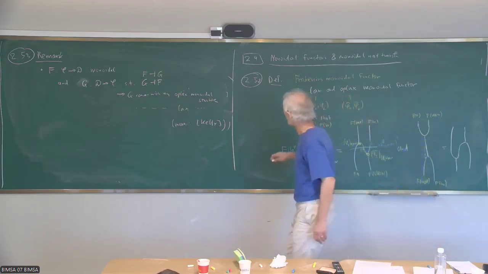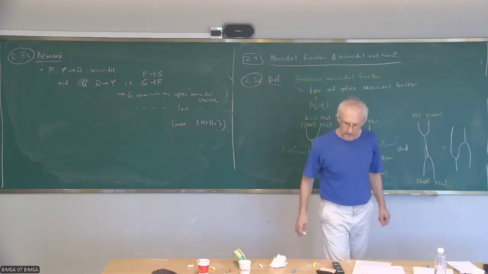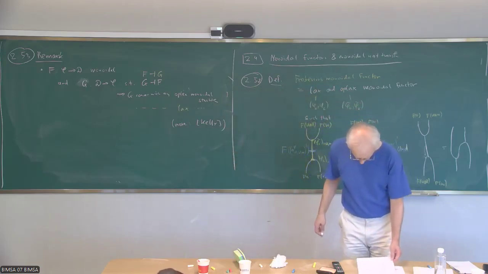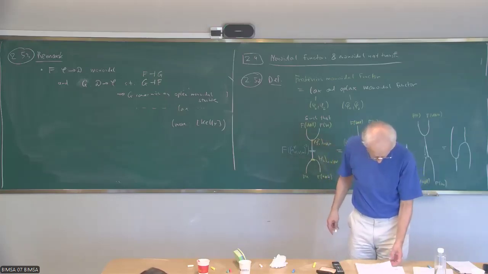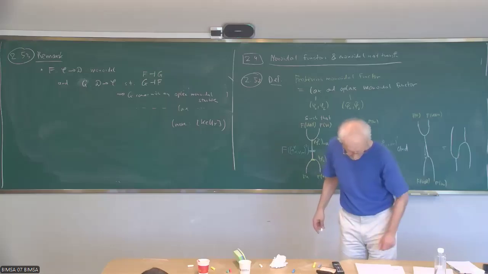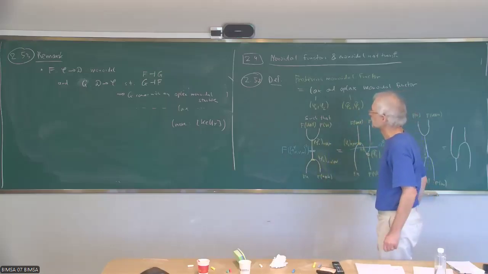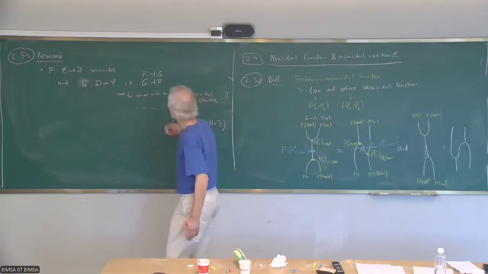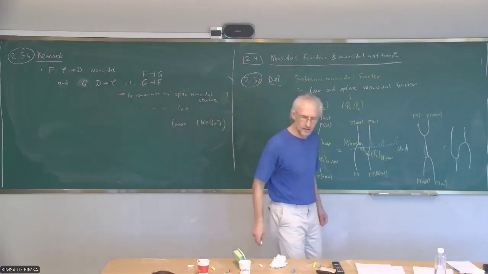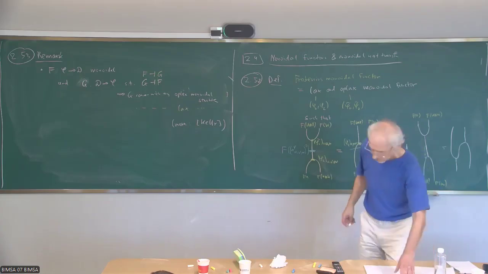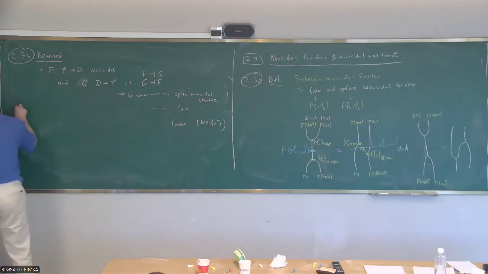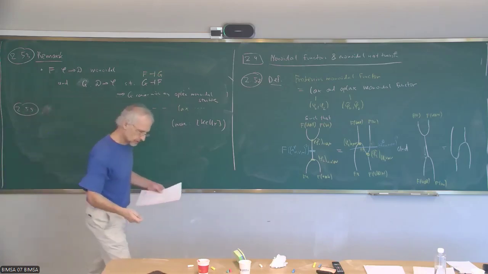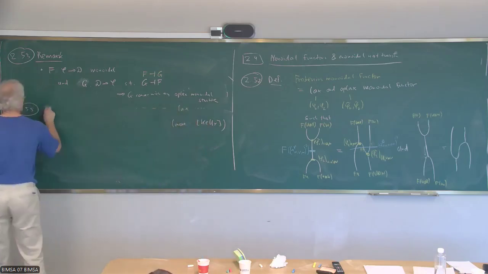But those who are interested can look up things in the book by Kelly on enriched category theory, which is in the list of references, and an exercise showed that this is indeed the case. So now we have monoidal functors, and of course we also have a notion of monoidal natural transformation. I will be short about this, it's just what you would expect.